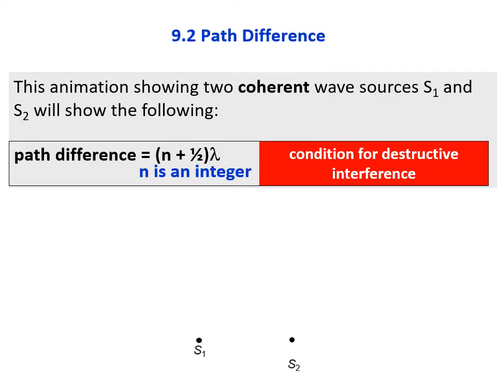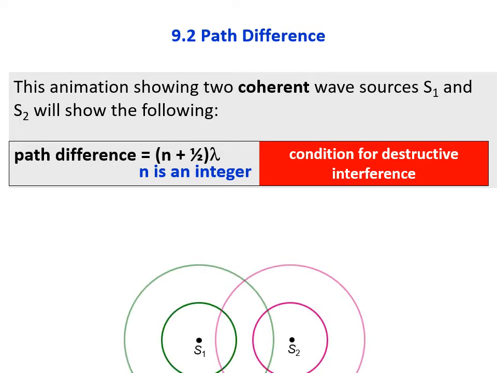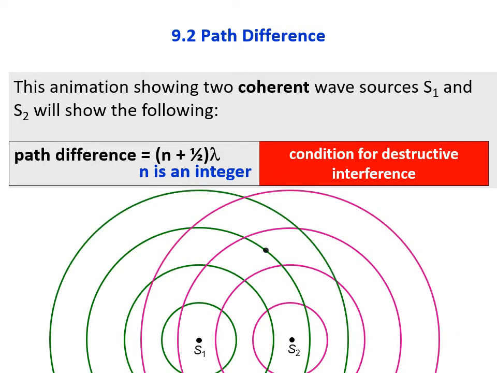So here we go, source 1, source 2. Waves spread out, and we have this point here, P2. The distance between S1 and P2 is 3 times the wavelength, and the distance between S2 and P2 is 2.5 times the wavelength. So this would be a position of destructive interference. 3 times lambda minus 2.5 lambda.